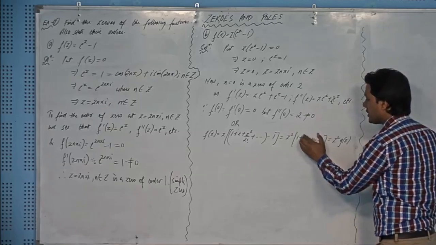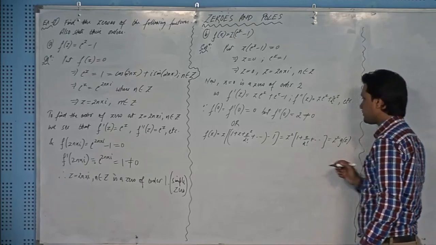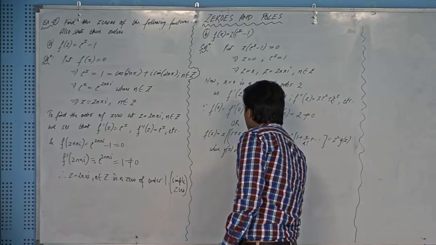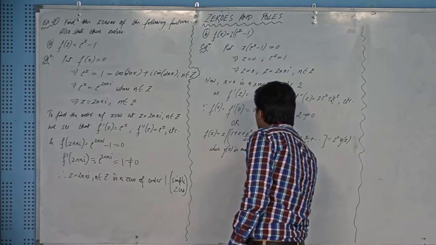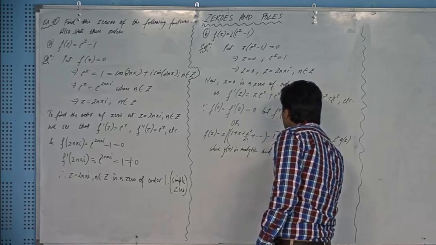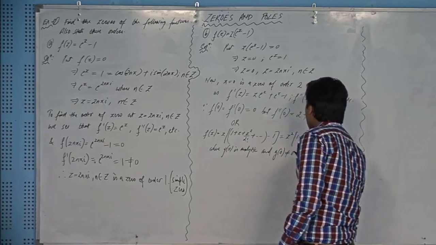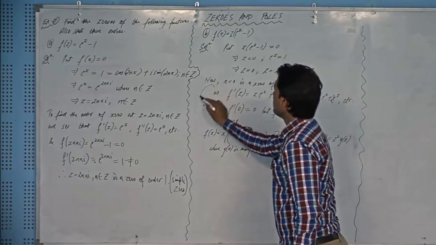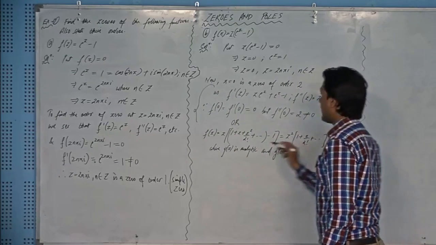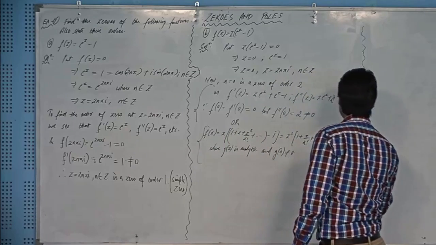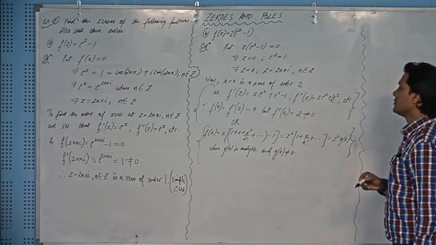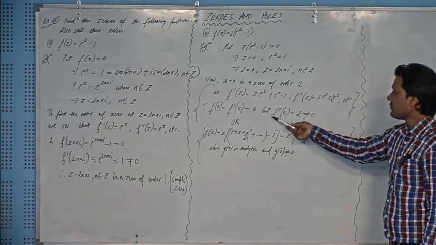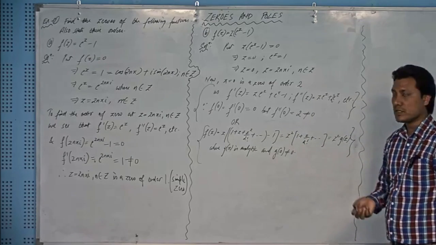If you put z equal to 0 here, you will get 1, right? Where g(z) is analytic and g(0) is not equal to 0, right? So both of them are valid reasons to write this order 2. Either you can use this one or this one, right? This is using the formal definition, this is using the theorem, right?